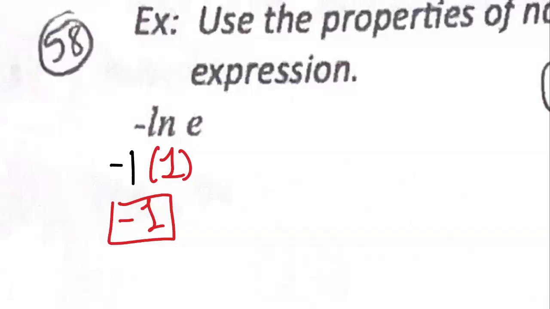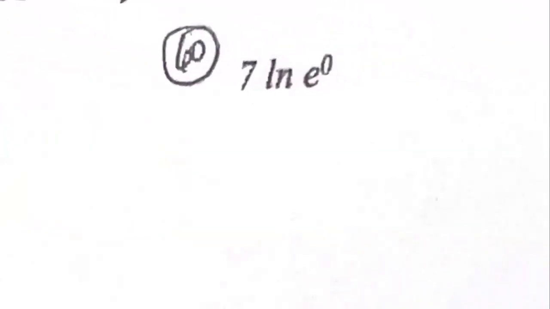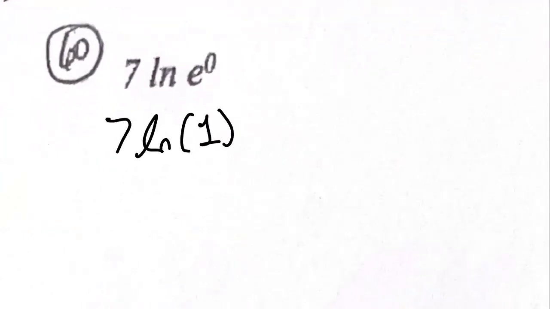The next one, ln of e to the 0. We know that e to the 0 is just 1. And we know that ln of 1 is 0, so 7 times 0 is just 0.